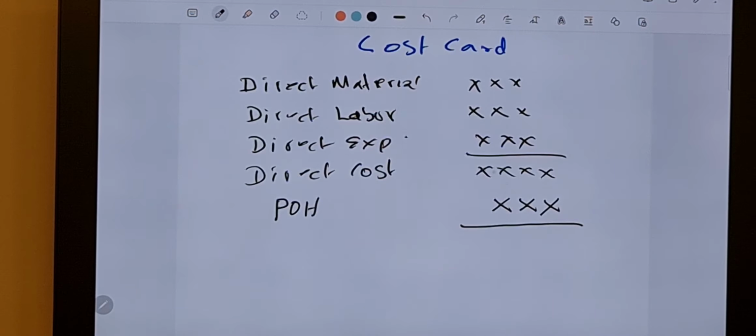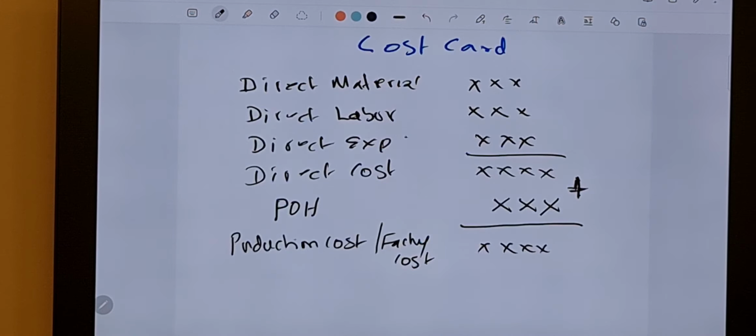The total of direct cost plus production overhead we call production cost, or you can say factory cost. Direct cost plus any production related overheads is part of your factory cost.